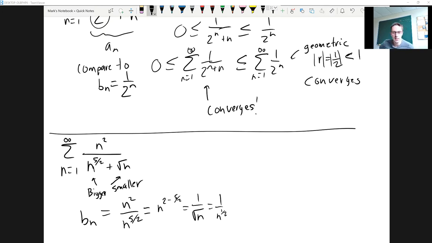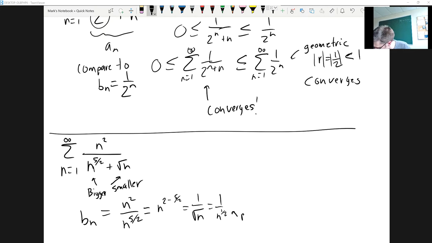And so that suggests that the 1 over root n would be the appropriate thing to compare to. Now, if you think back to our principles, one of the principles we said is think about the p-series. The p-series is often a good choice for comparison, and we've stumbled on a special case of the p-series.